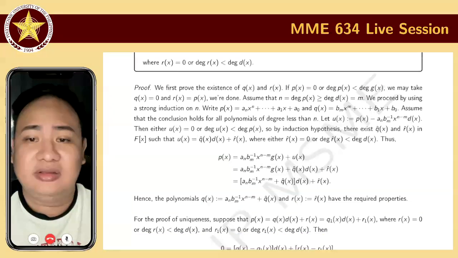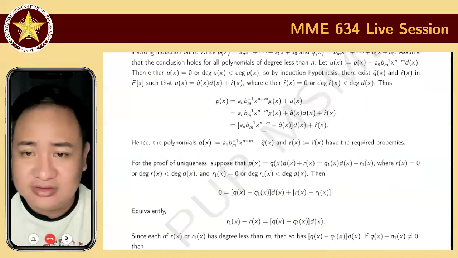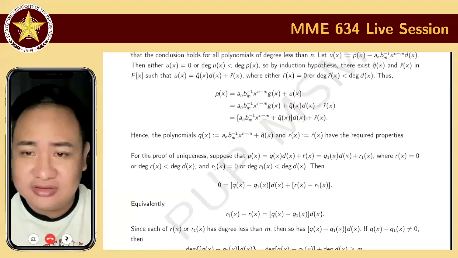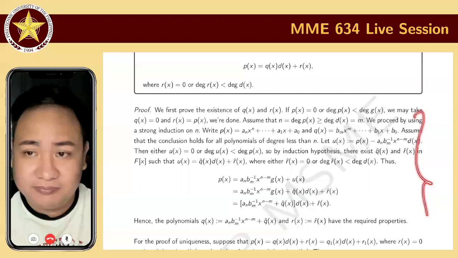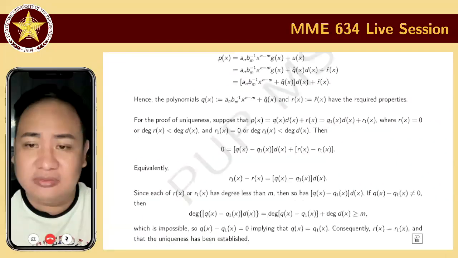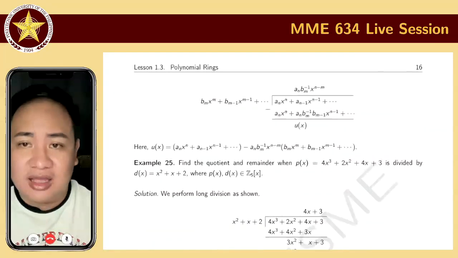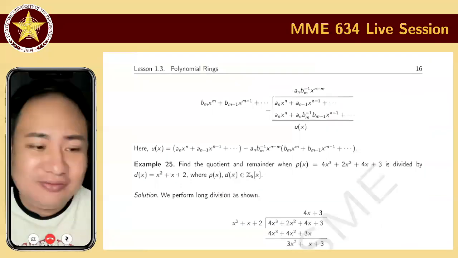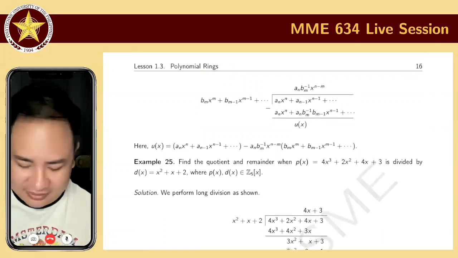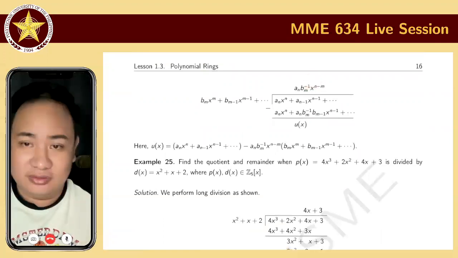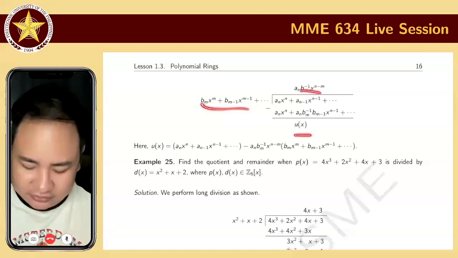Naintindihan nyo? But if you're going to watch closely this process or this induction, ito lang siya. Meron ako ditong parang yung nanggaling siya doon sa long division na tinuro sa atin nung high school tayo. Ayan o, yung mga sagot na ito, ano ba ito? Minultiply ito dito, ito yung u of x.